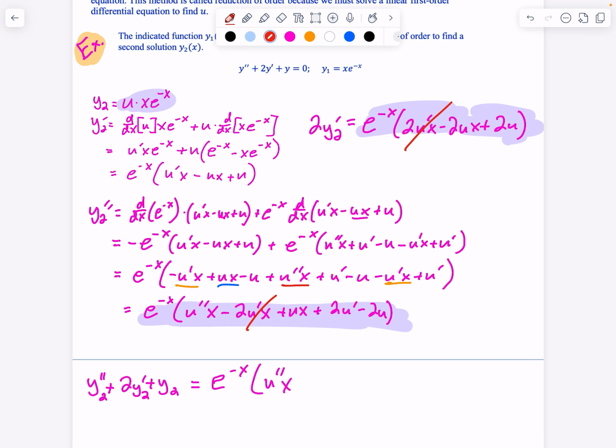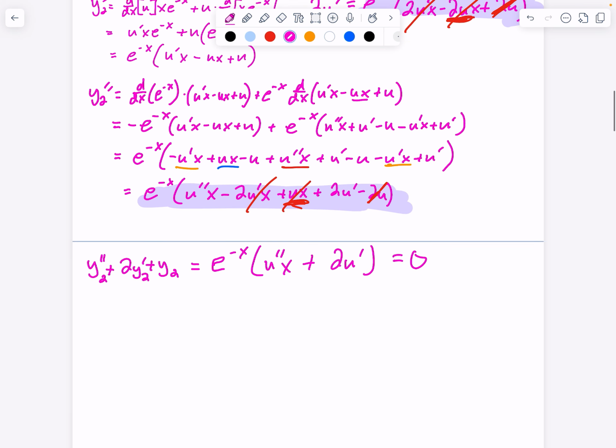I got ux. I know it's not totally clear, but do you see a ux here, minus 2ux here? They're gone. Right, and then I got a 2u and a minus 2u that are also gone. So the only thing left will be 2u prime equals 0.